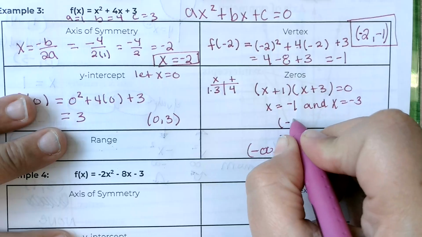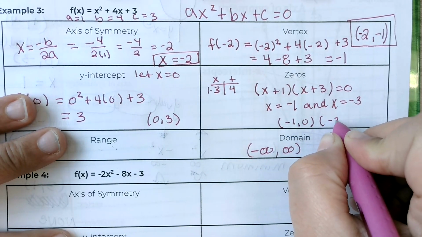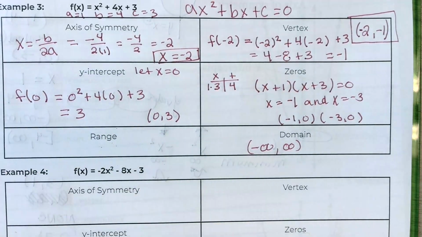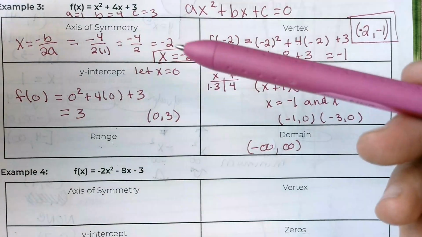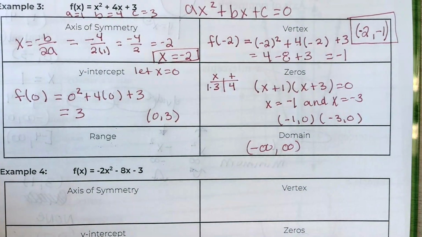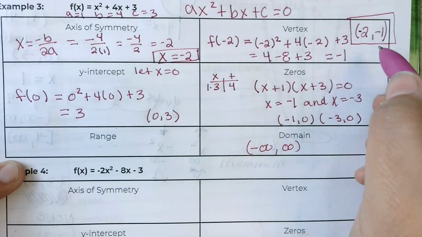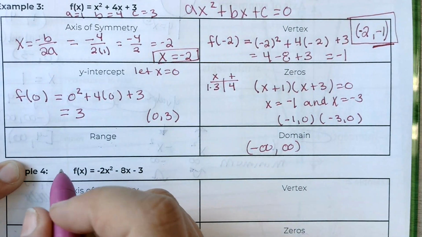So I have 2 zeros at -1 and -3. And then finally, I need the range of the function. Now this is why I was trying to show you where I can get some information besides finding it on the graph. The range, the y value in the vertex is our range. So I'm going to use that information.